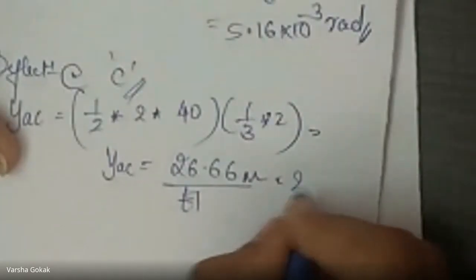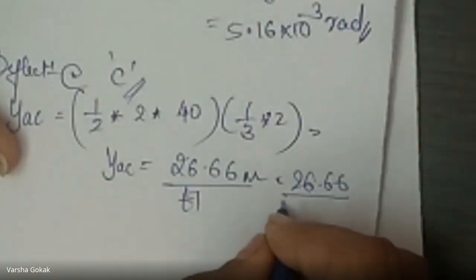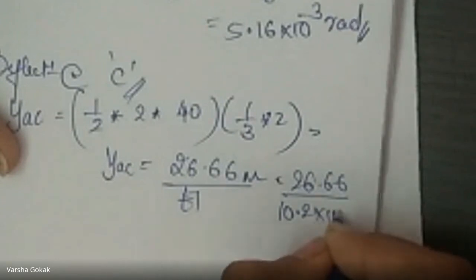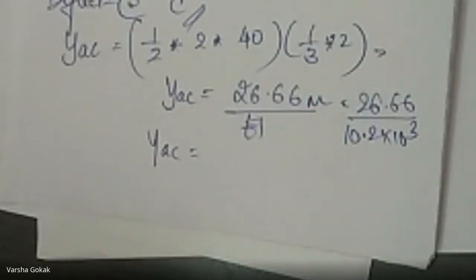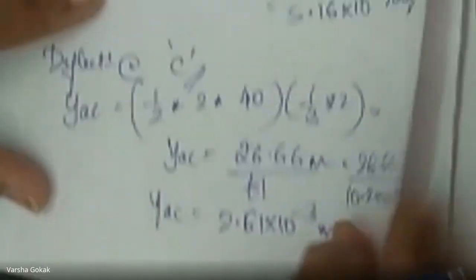So this you divide by EI, that is 10.2 into 10 raised to 3. What is YAC now? 2.61 into 10 to the power minus 3 meters.